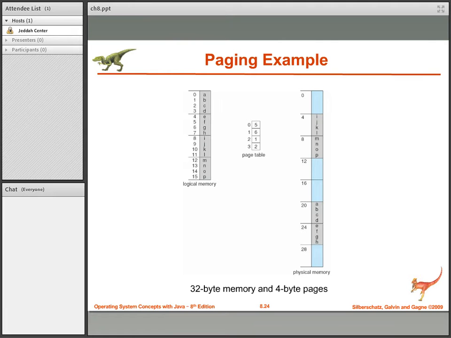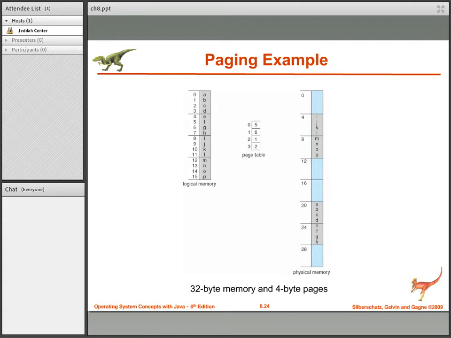For example, you can see that pages 0, 1, 2, 3 that contain A, B, C, D in the logical memory are mapped to frame number 5 in the page table, because we are starting from 0.